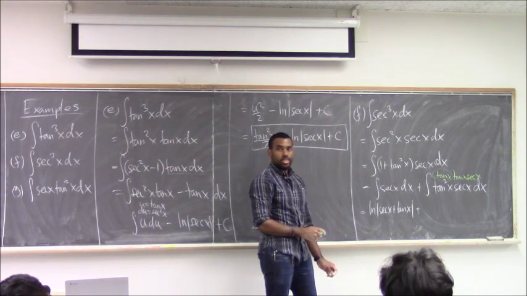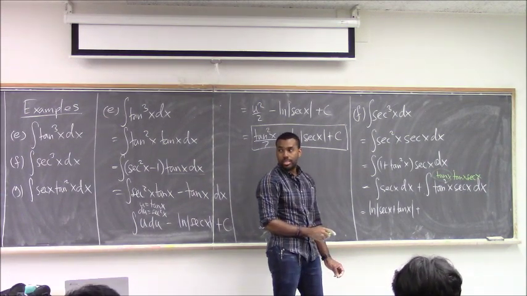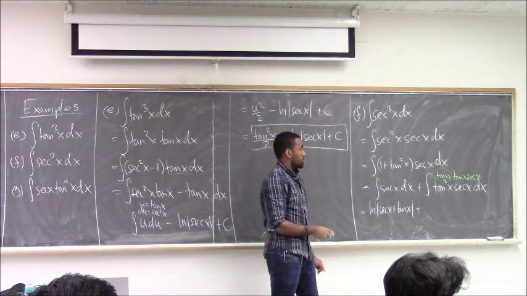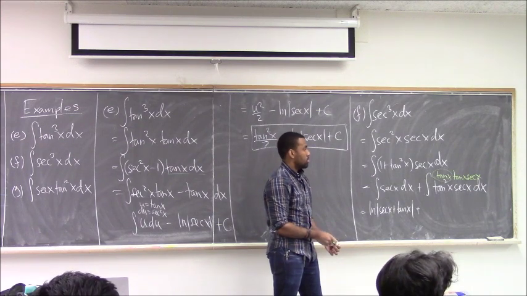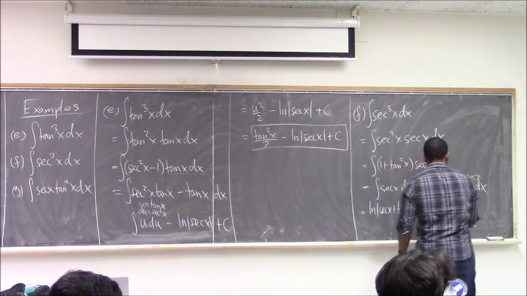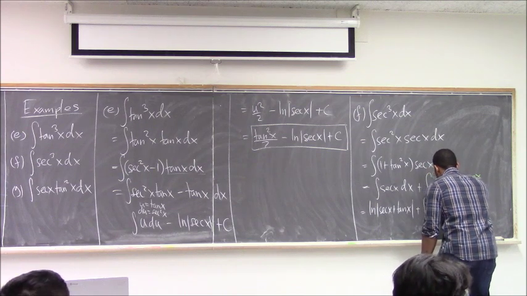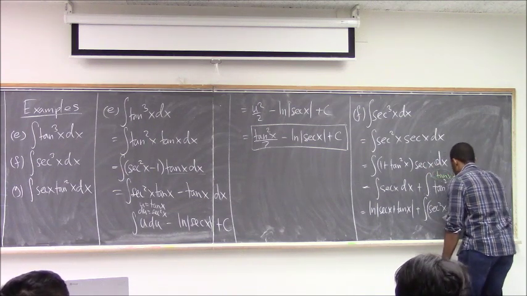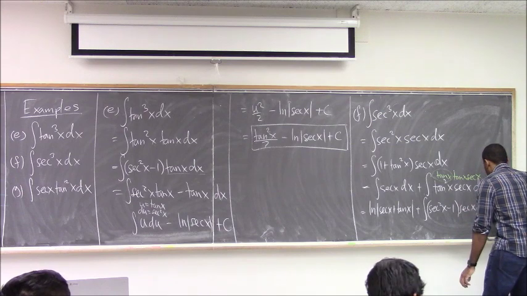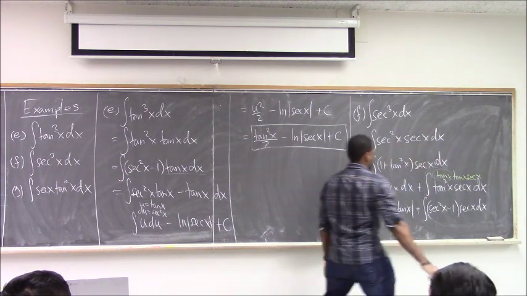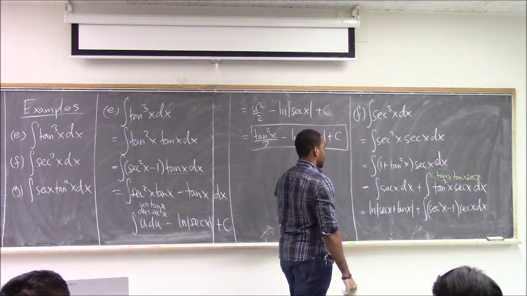Other ideas? I guess, trying to see secant squared x minus 1 times secant. Okay, trying to apply an identity here. Tangent squared is secant squared minus 1, times secant. And what's going to happen here?